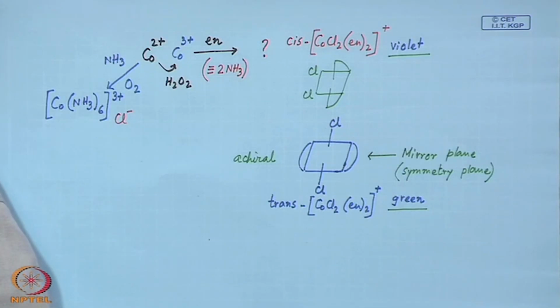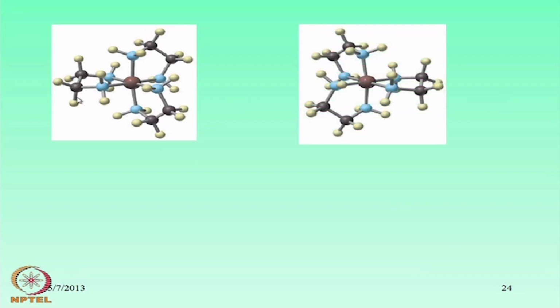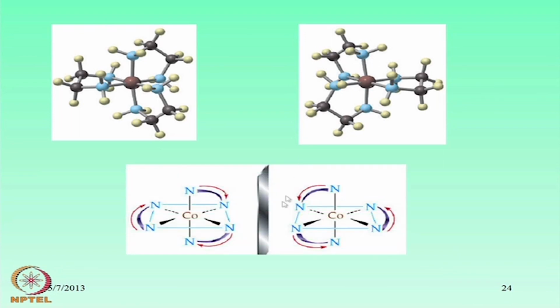Next, we see a molecule like this, the tris(ethylenediamine) complex, where three ethylenediamine groups are attached to the central metal ion, and this is the other form, the corresponding mirror image of this. On the left, the first one, is the cobalt center, this is the nitrogen and this is the nitrogen of the ethylenediamine backbone.